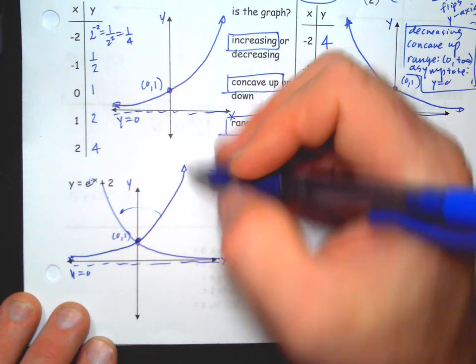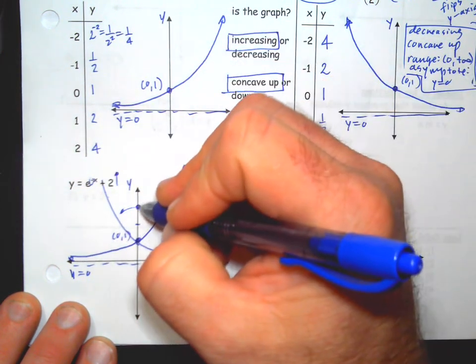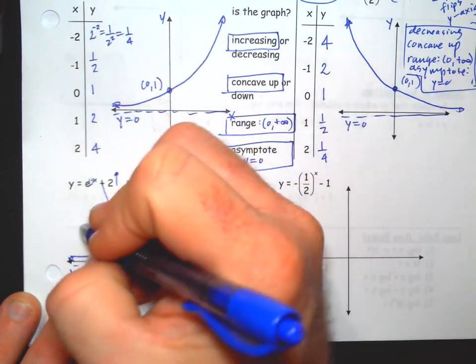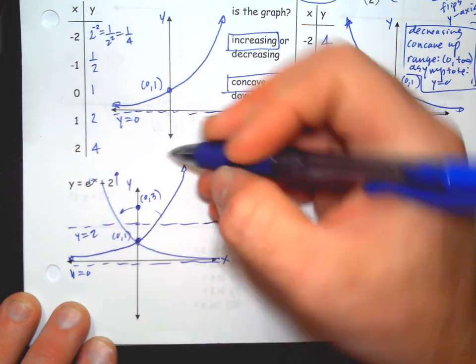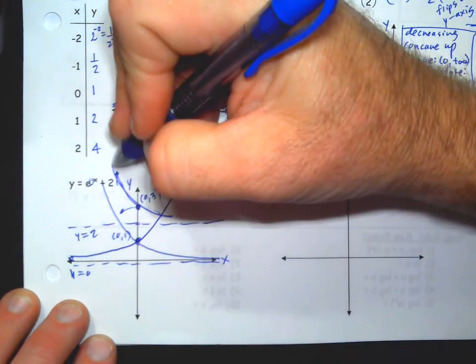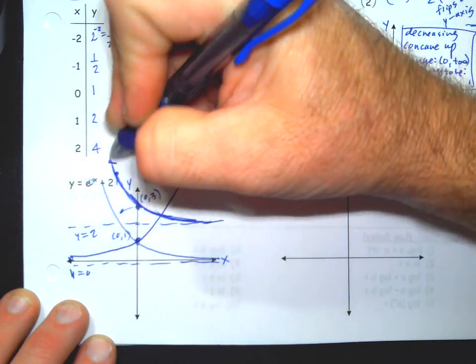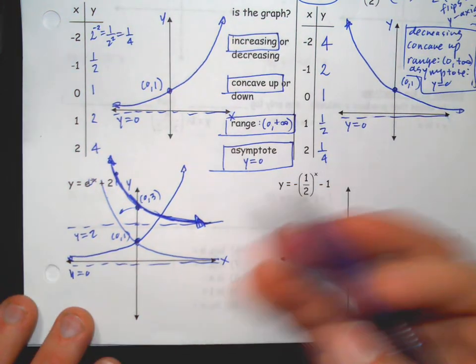The +2 moves everything up 2, so the y-intercept is now at (0, 3). I want to keep track of that. The asymptote is now at y=2, and your final graph looks like that.